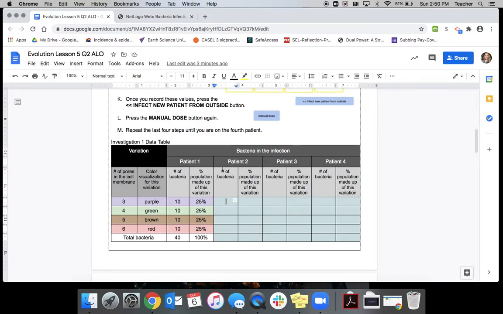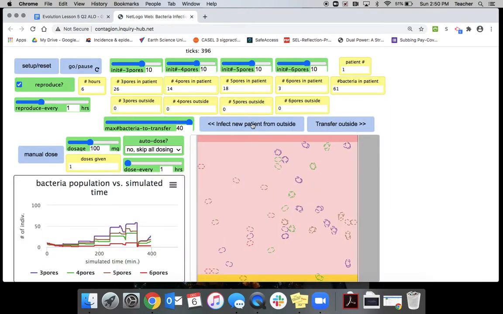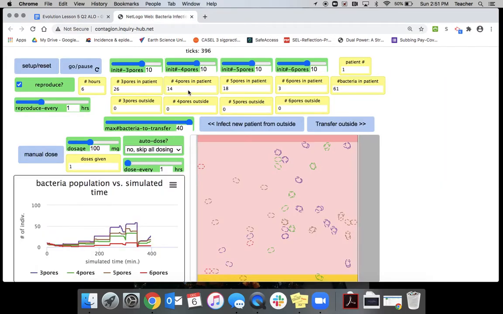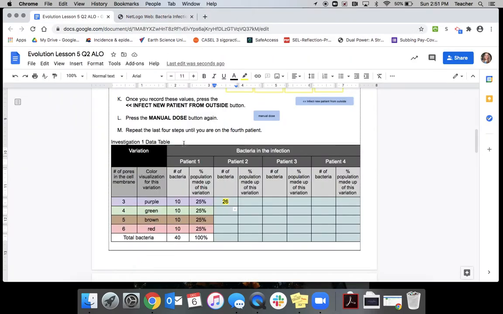So in patient 1 we started with 10 of each of the 4 variations, and that many bacteria and that distribution of traits. So now that we've infected patient 2, we have 26 purple bacteria. We have 14 green bacteria.